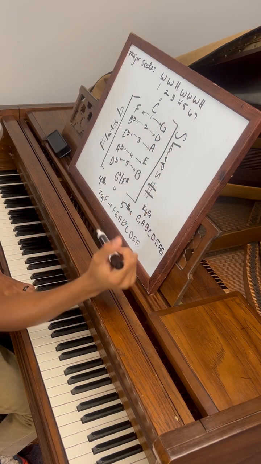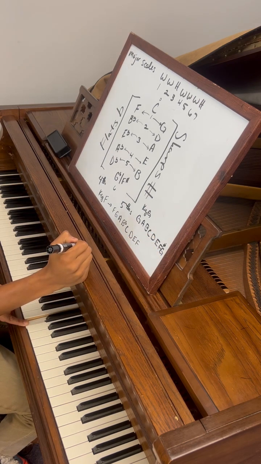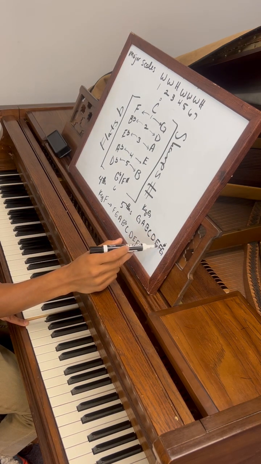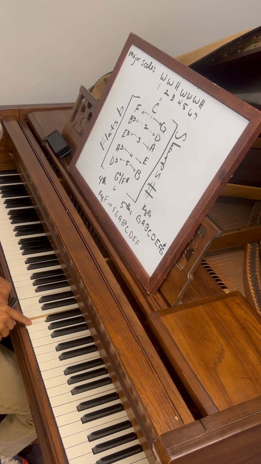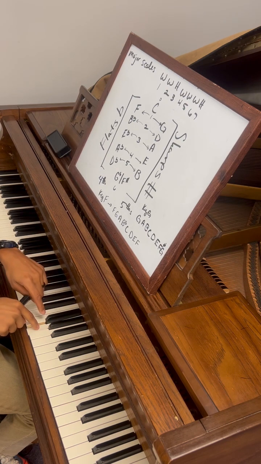So now I've figured out where the sharp sign needs to be, because that note is not F, it's actually F sharp. The distance between E to F sharp is a whole step, and then F sharp to G is a half step.